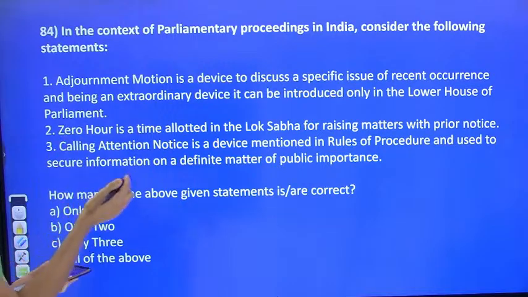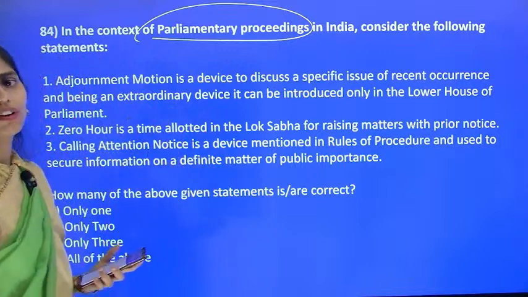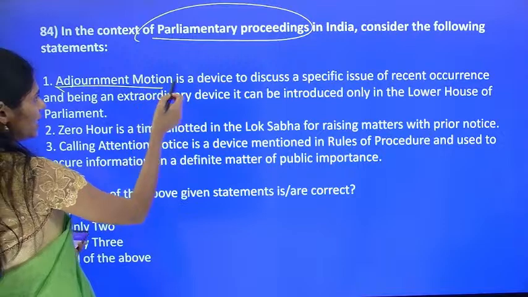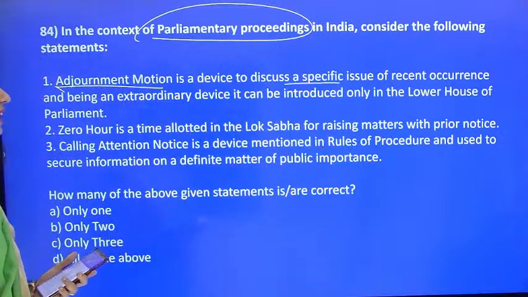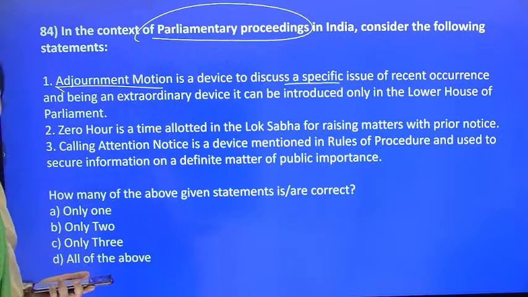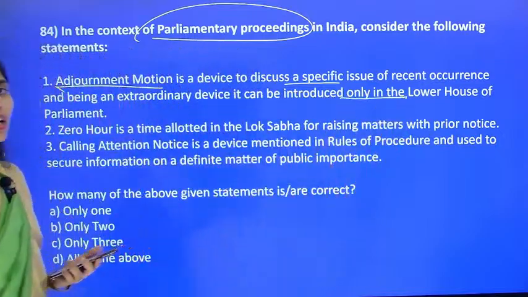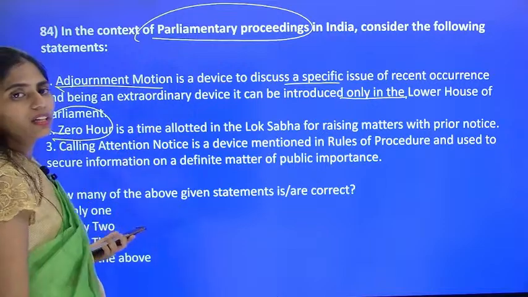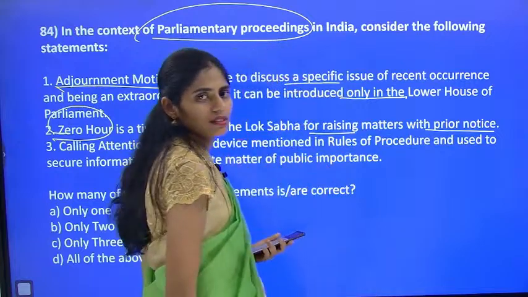In the context of parliamentary proceedings in India, consider the following statements. First, adjournment motion is a device to discuss a specific issue of recent occurrence and, being an extraordinary device, it can be introduced only in the lower house of Parliament. Next, zero hour is a time allocated in Lok Sabha for raising matters with prior notice.